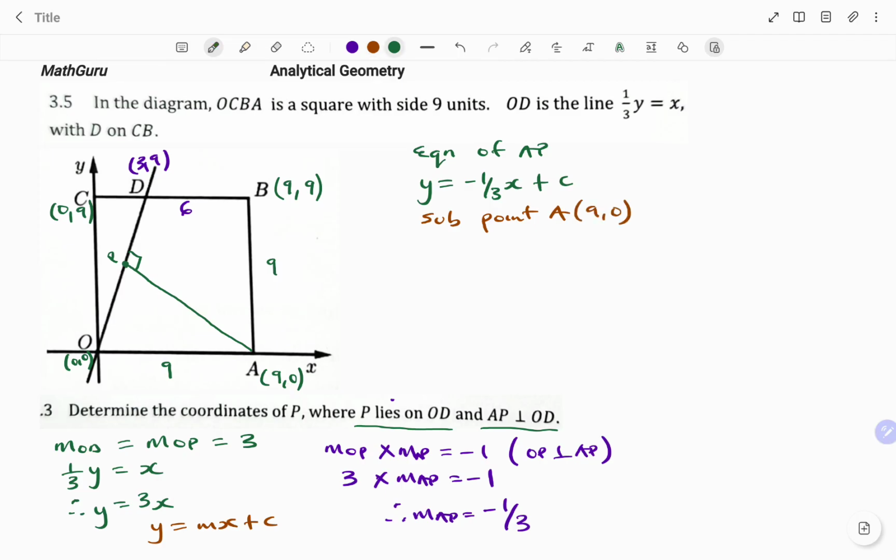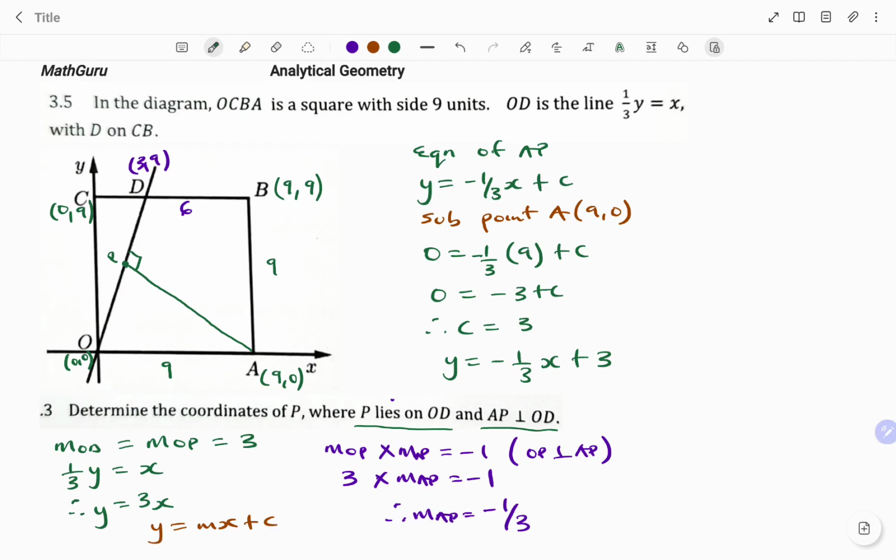So therefore, my y is 0 and my x is 9. I have 0 equals -3 plus c. Therefore, my c will be +3. So the equation of the line AP will be y equals -1/3x plus 3.